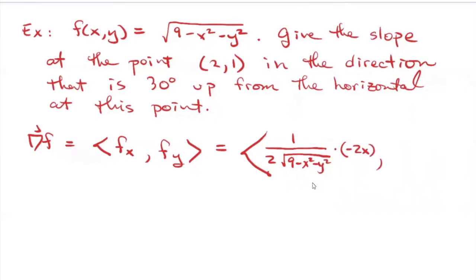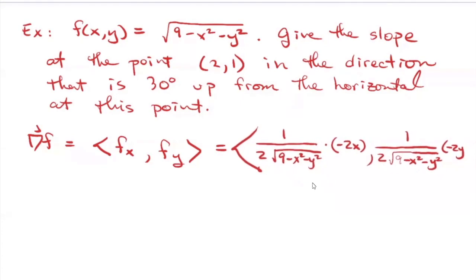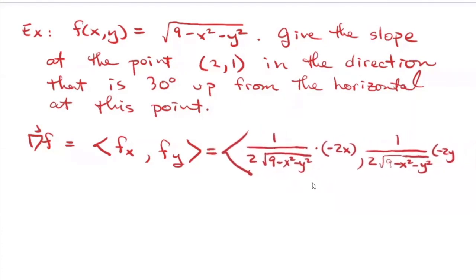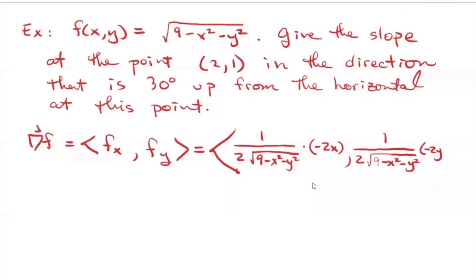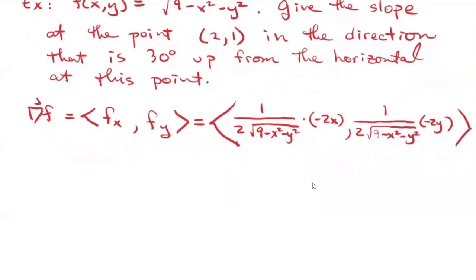Same thing with y. Okay, so it looks like the gradient comes out to be just negative x over the square root, comma negative y over the same thing.